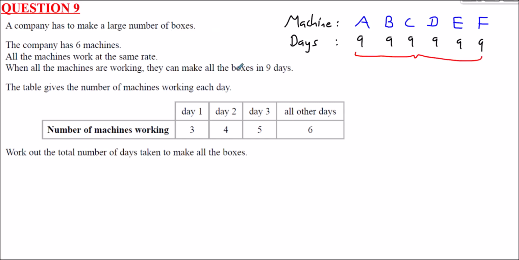So to make all the boxes, all boxes made equals 54 days of machine work. I'll call that one machine's work, in fact.